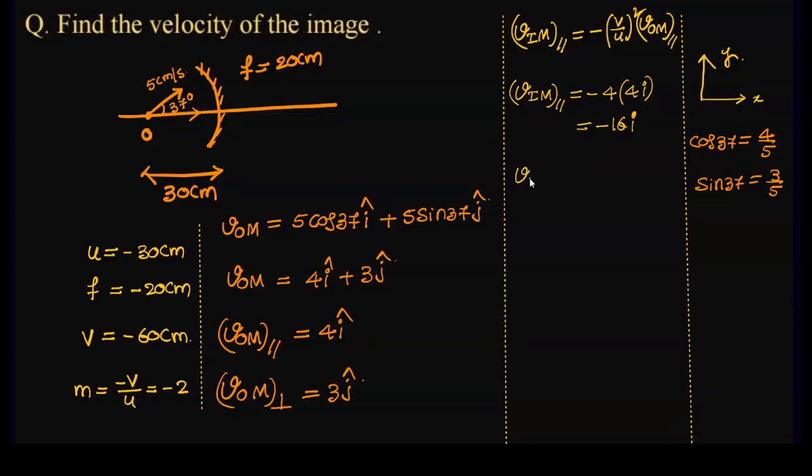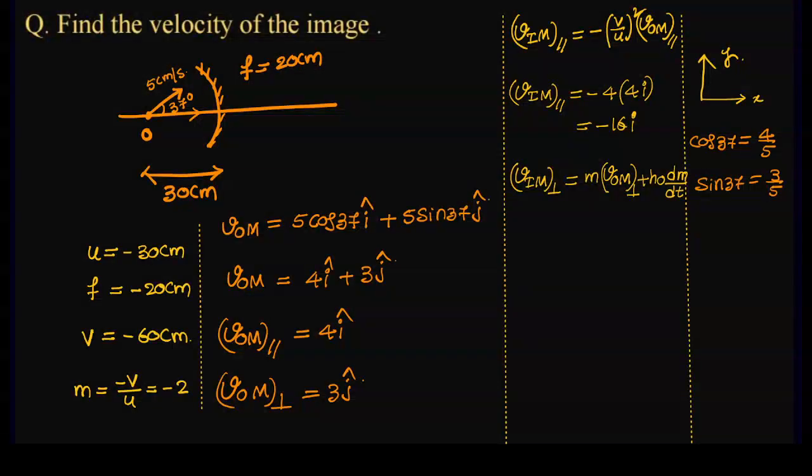Perpendicular component is how much? Velocity of image with respect to mirror in perpendicular direction is m into velocity of object with respect to mirror in perpendicular, plus h naught into dm by dt. H naught is 0, since the object lies on the principal axis.